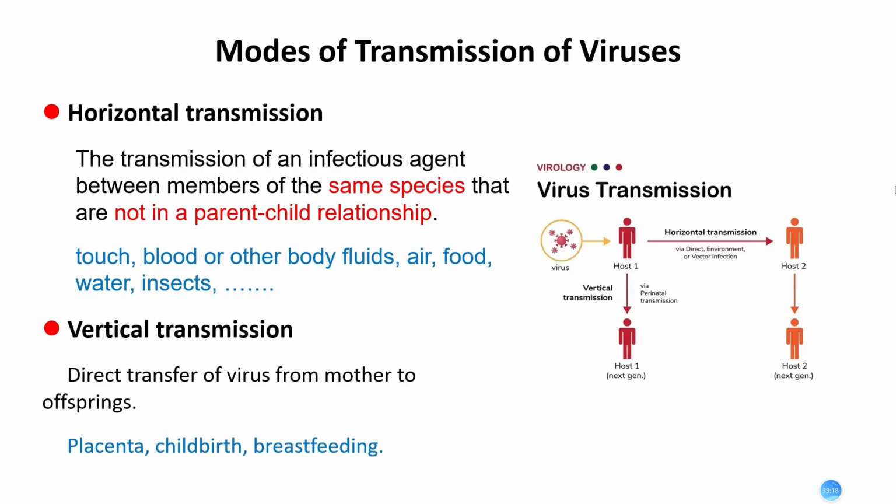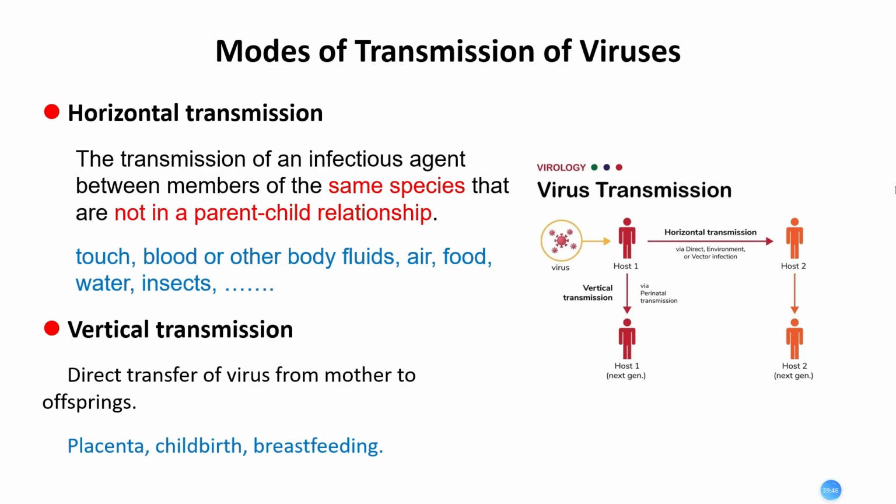And childbirth, like HBV is an example. If the mom is positive for HBV antigen, you would give the newborn baby some neutralizing antibody immediately after birth. So that neutralizing antibody can provide an immediate protection for short term.